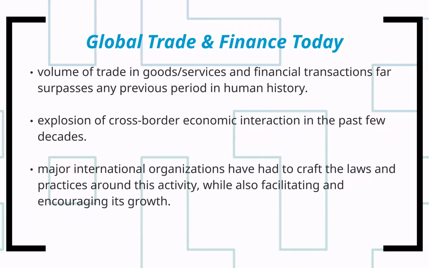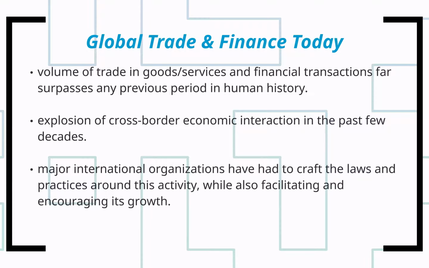And while this is happening, the major international organizations, some of which we talked about last time, the Bretton Woods organizations, the IMF, the WTO, the World Bank, and existing institutions like various components of the United Nations or regional organizations like the European Union, the Organization of American States, they've had to craft laws and practices around this activity.